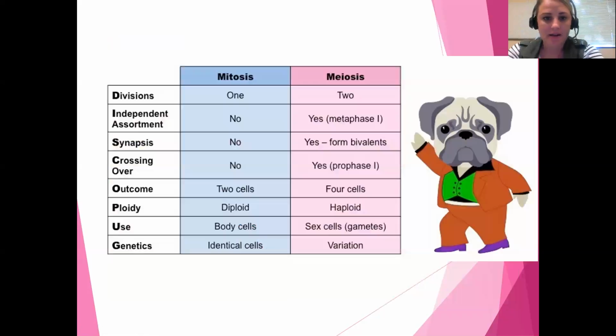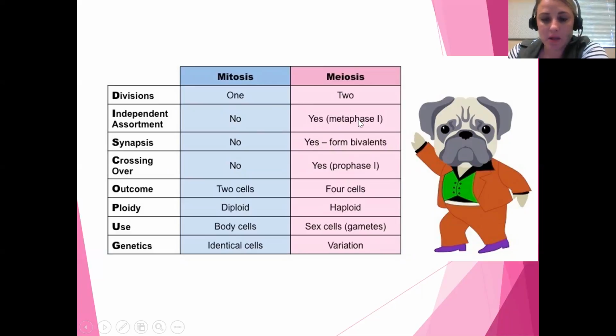The last little table I'm going to show you is also really good. It's comparing and contrasting the two. Divisions: in mitosis, we have 1 division, and we have 2 in meiosis. Independent assortment, we'll talk about when we talk about genetics, but it does not happen in mitosis.